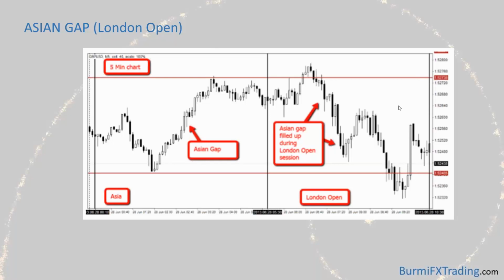Let's say you are with IC Markets, and you're trading this price behavior, a false breakout or Asian gap. So price comes back into the Asian range during the London open session, and you would take your buy trade here.